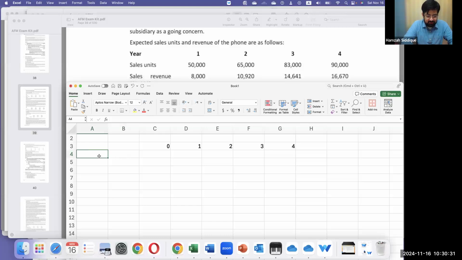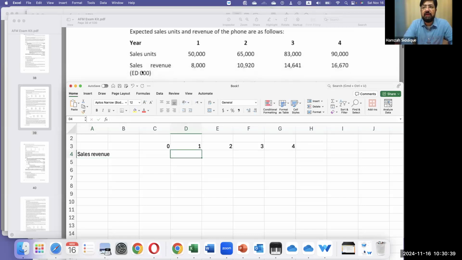Sales revenue. That is in ED 000. Okay. So I will write here ED 000. Same here. 3-digit round off.